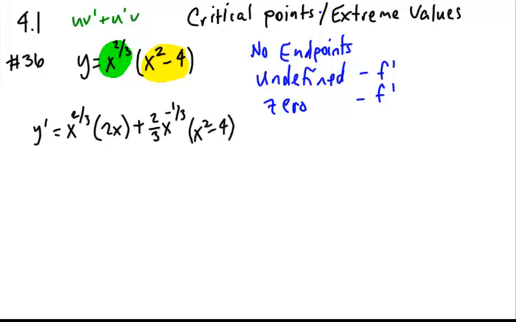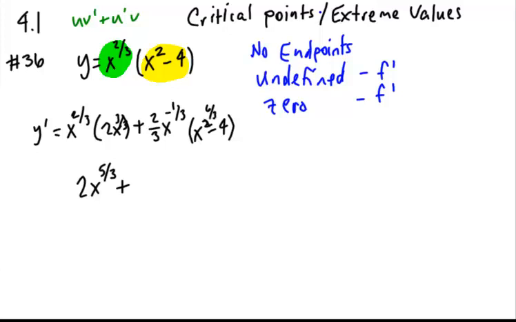And we want to know where this is equal to 0. So what I would recommend is clean this guy up a little bit and make him pretty. So remember, if you've got 2x to the first, that's the same thing as saying x to the 3 over 3 power. So 2/3 plus 3/3 is 5/3. So this is 2x to the 5/3 plus, and then over here, x squared is the same thing as the 6/3 power.